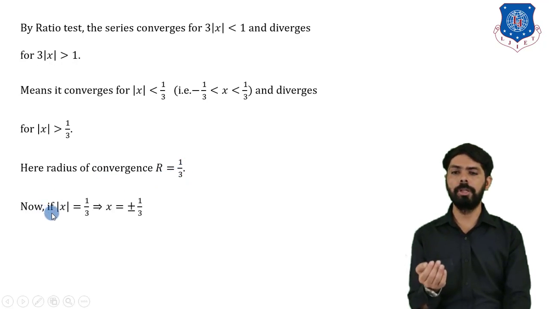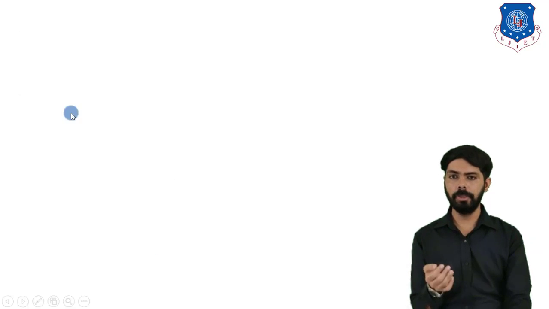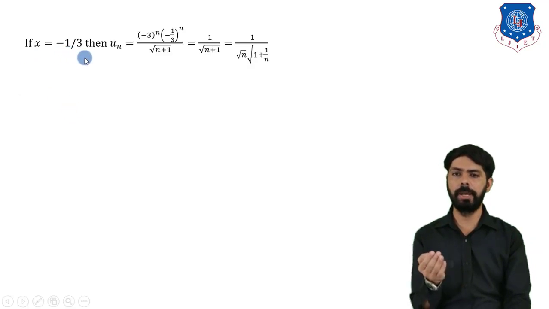Now if modulus of x is equal to 1/3, then x is equal to plus or minus 1/3. And for this the ratio test fails, so we will have to apply another test. So if x equal to -1/3, then un is equal to (-3)^n into (-1/3)^n divided by root(n+1). So if we simplify this, then (-3)^n into (1/(-3))^n, so (-3)^n cancels out.